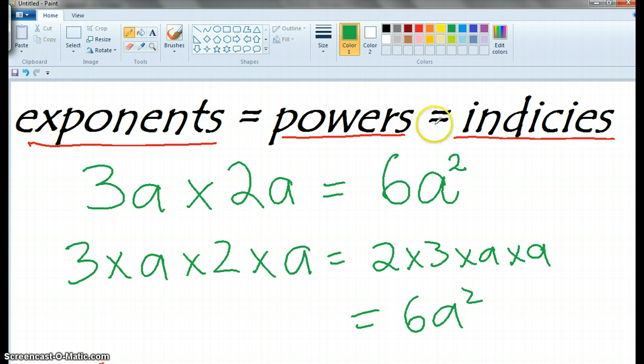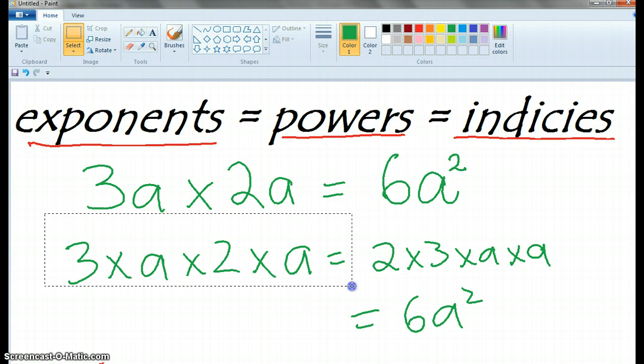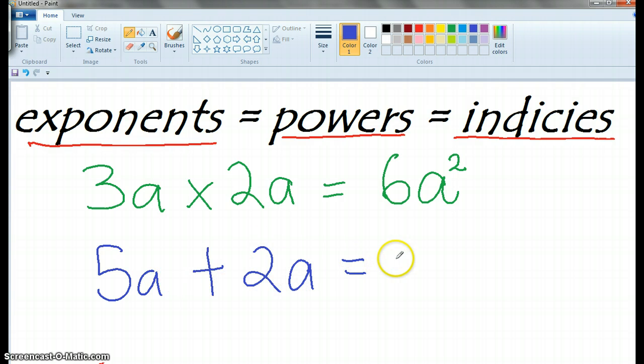Okay, that's what I mean by getting confused, because it's quite a different kind of thing than when we did 5a plus 2a. What's that? 7a.